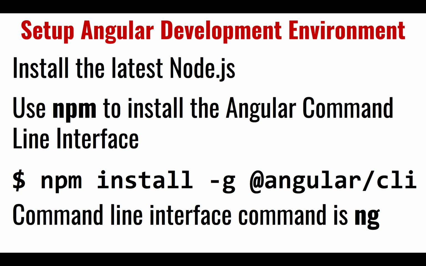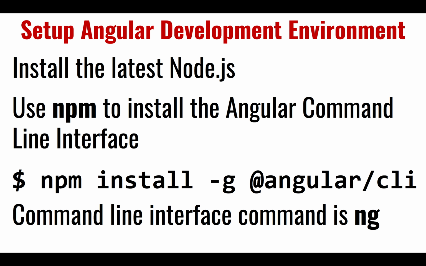We're also going to install a command line interface. The command line is called ng, for Angular, and then we can use this command ng for all sorts of things. In Create React App, the only thing we used it for was to create the boilerplate project to get started, and then never again.